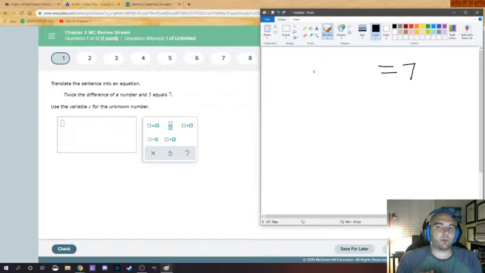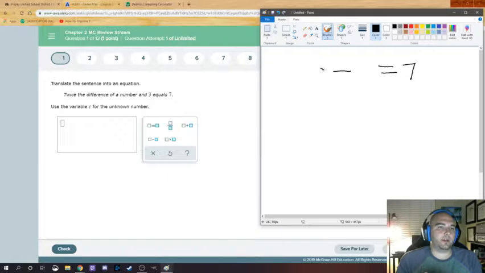If your problem starts with a phrasing like twice or 3 times or 5 times, ignore that for a second and read the rest. The difference of a number and 3. You have to know that difference is subtraction: c and 3.